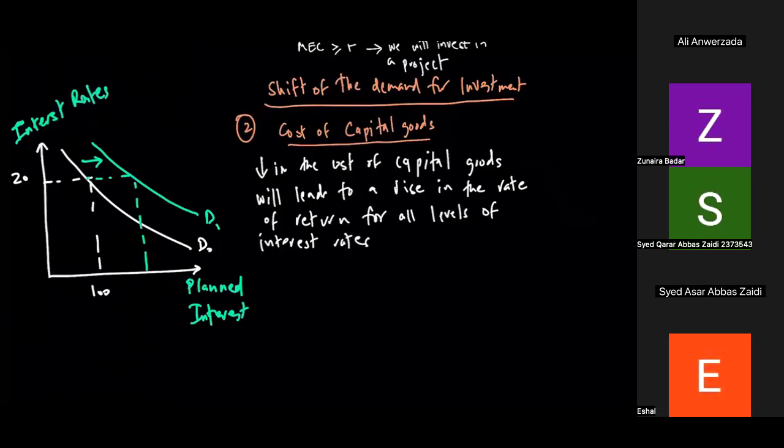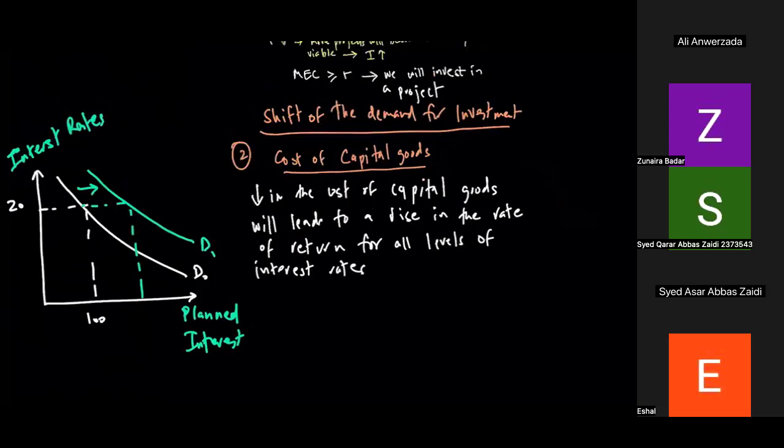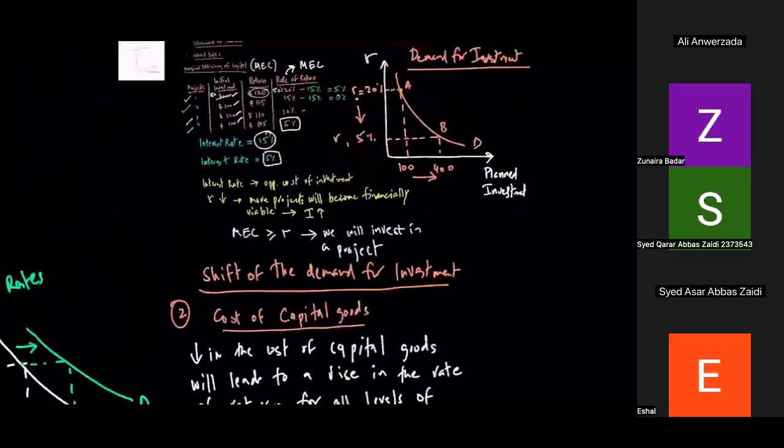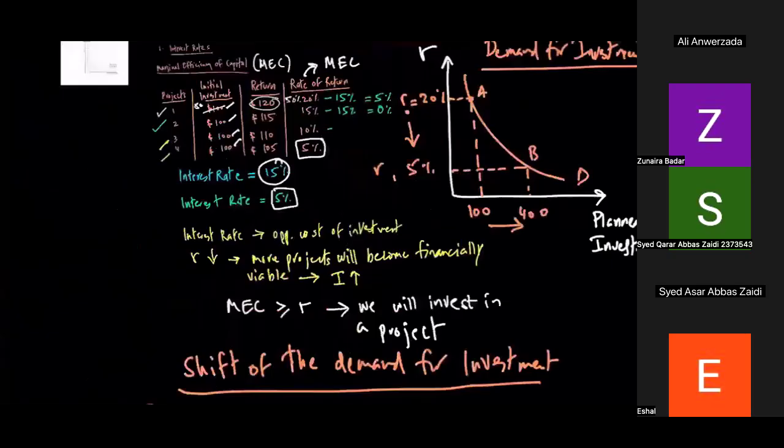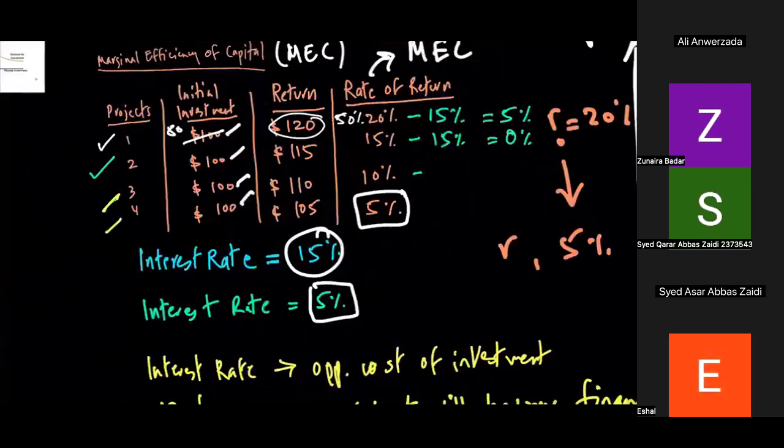Okay, so guys, look at this. Two or three things I said here: if the initial investment becomes 80, right, with the same return, you can see with the same return, 80 investment, the same return, the rate of return will no longer be the same. For example, 115 minus 80, it's going to be higher. 110 minus 80 will be higher. 105 minus 80 will be higher.